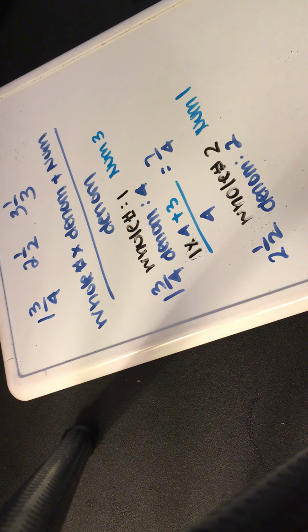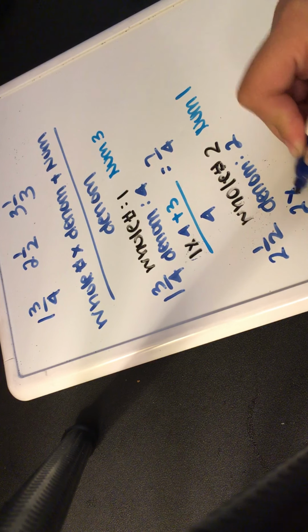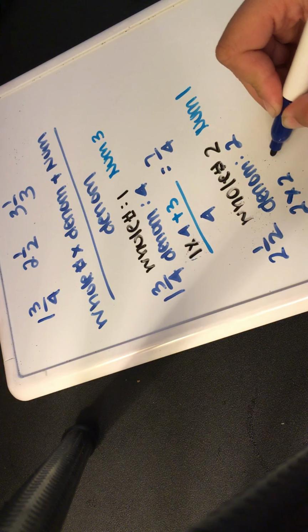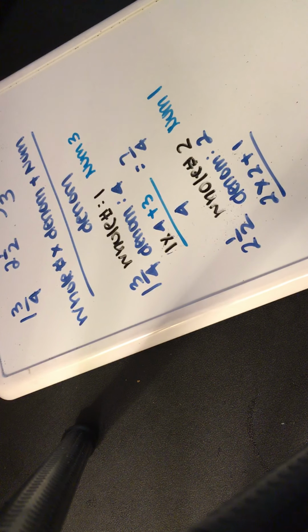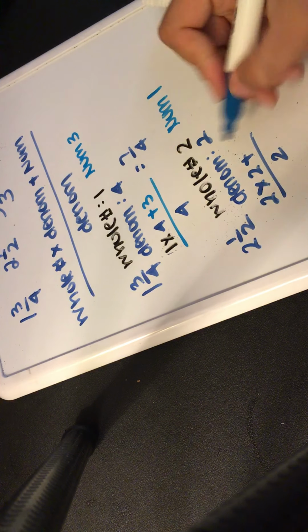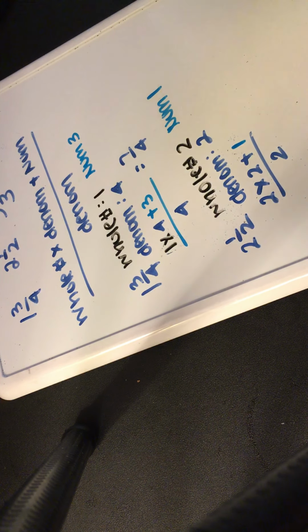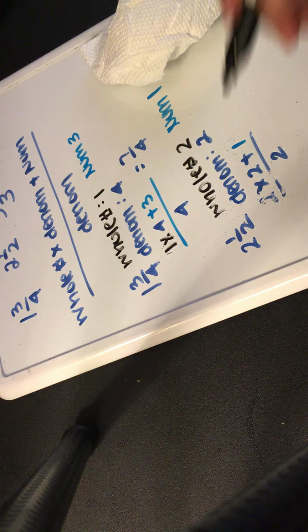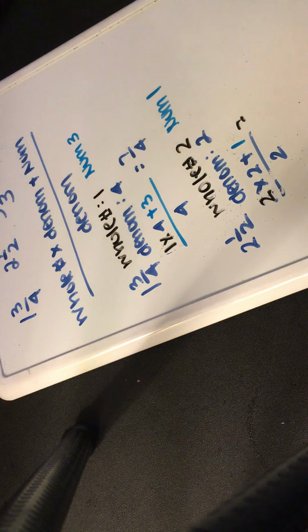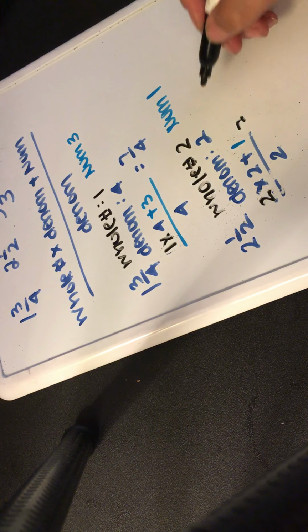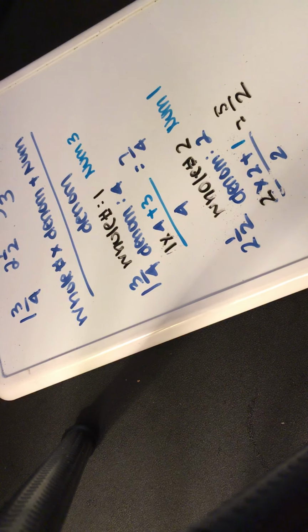Our whole number is 2 times our denominator, which is 2, plus our numerator, which is 1, over our denominator. So our answer would be 2 times 2 plus 1. So 2 times 2 is 4, plus 1 is 5 over 2.